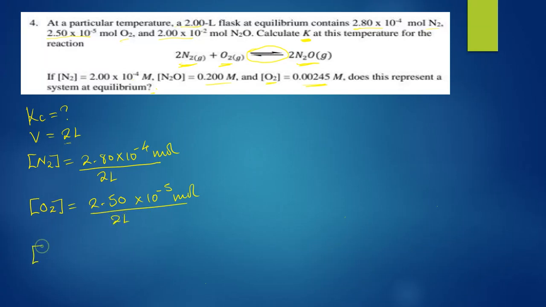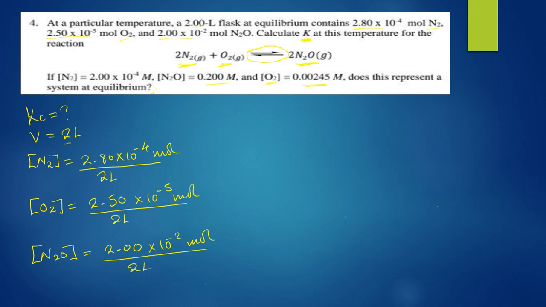And the last is nitrogen oxide, whose mole is 2.00 times 10 to the power negative 2 mole over our volume, which is 2 liter.